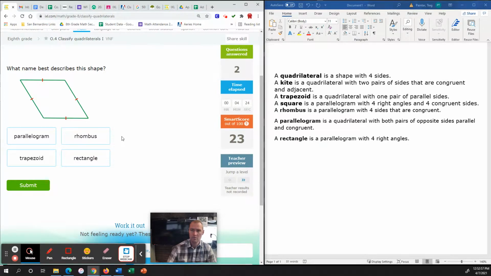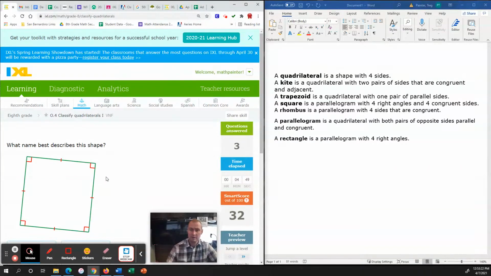But a rhombus has 4 sides that are congruent. Because all 4 sides are congruent, rhombus would be the better answer, because the parallelogram says one side matches with one side and the other side matches with the other. But because all 4 are congruent, this one has to be under rhombus. So a rhombus better describes this shape.